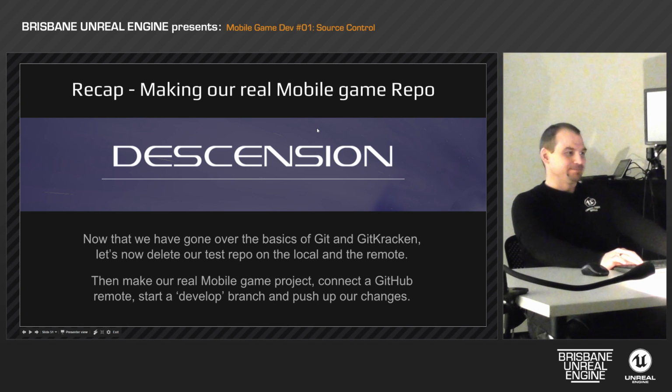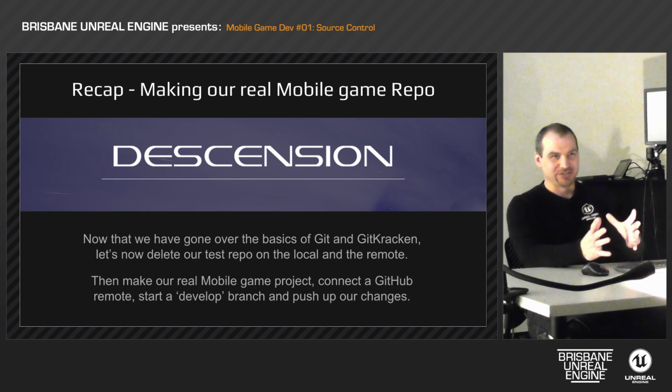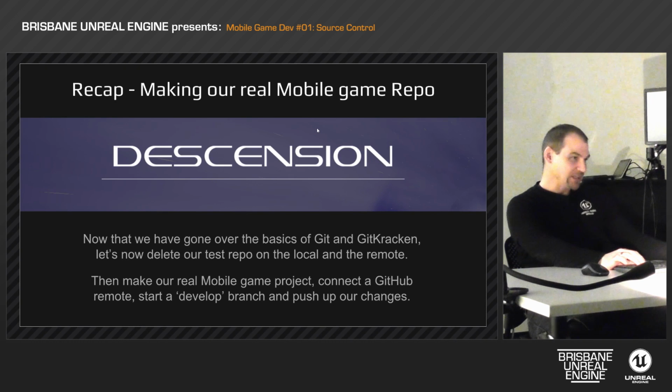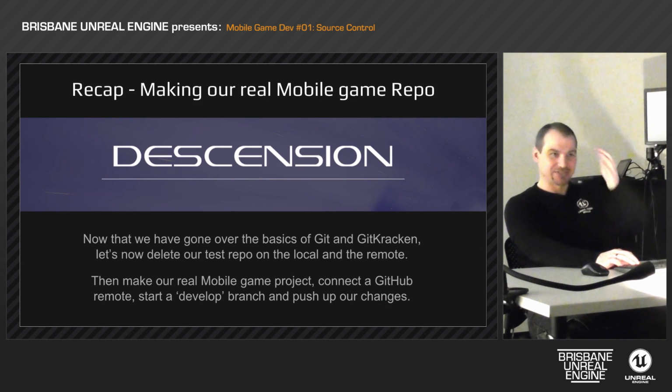Okay, so what we would like to do is to get on with the business of actually making our mobile game, the actual repo that we're going to use for our mobile game. So let's just get started.